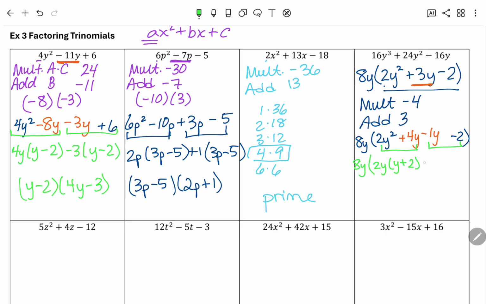Then we're going to want a -1 times y plus 2. So the GCF I have going on right here is y plus 2. So I have my 8y, y plus 2, 2y minus 1.